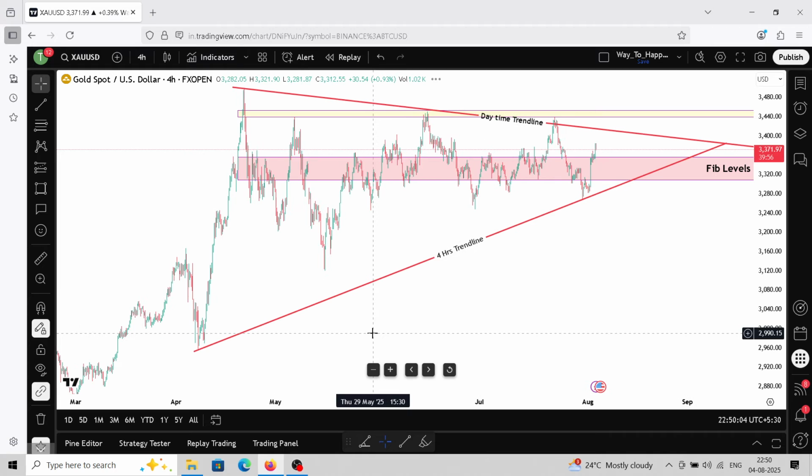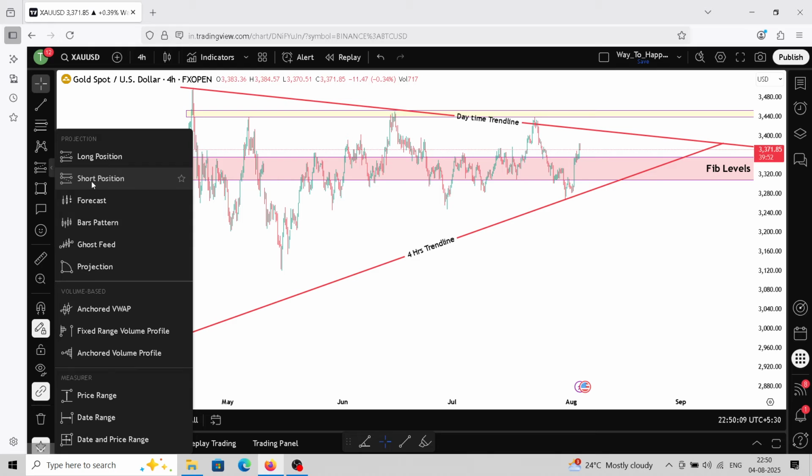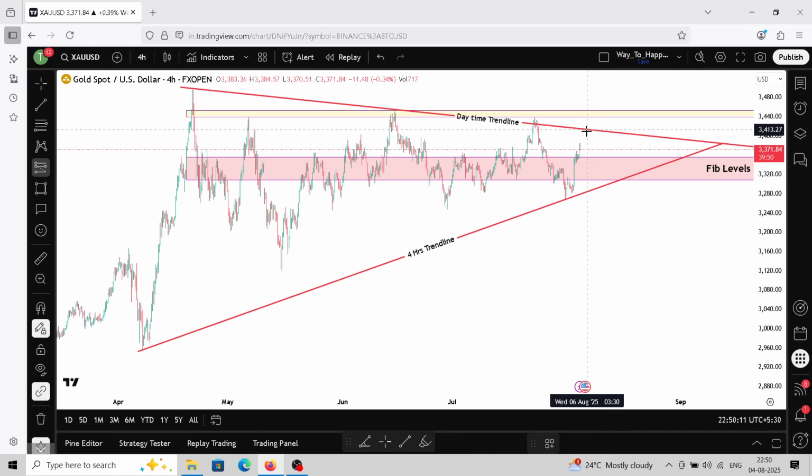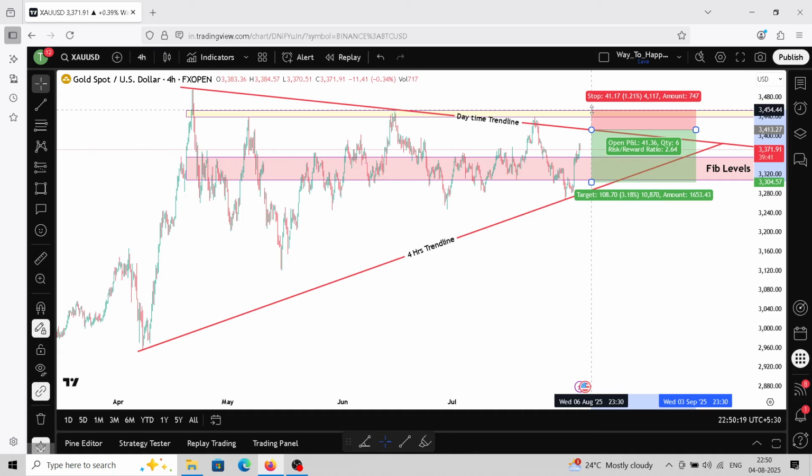Because there is not much happening in gold, if this is fair, the trend line is going to be broken down.